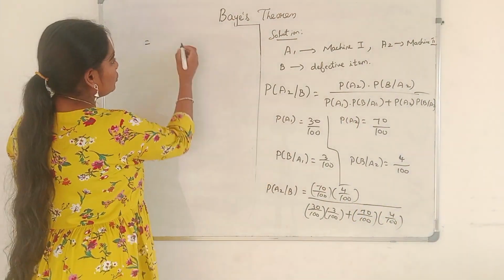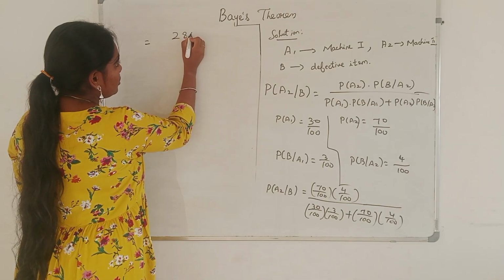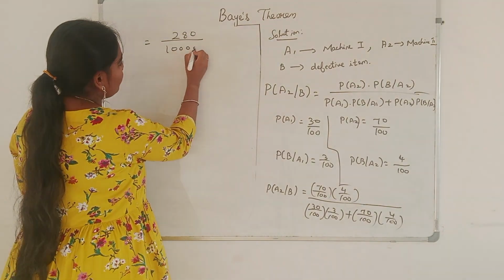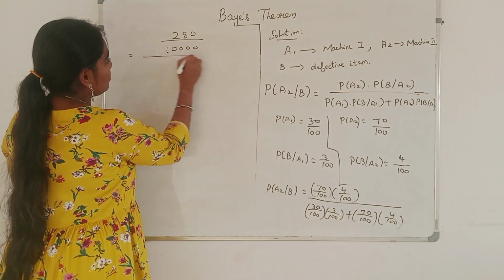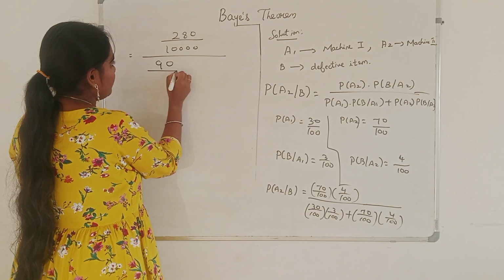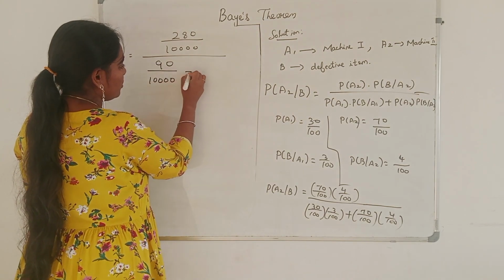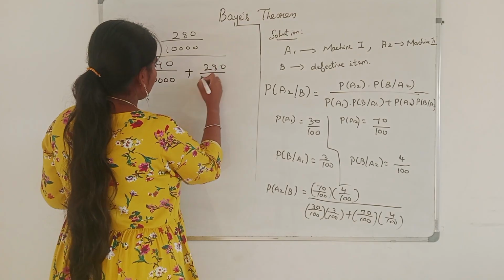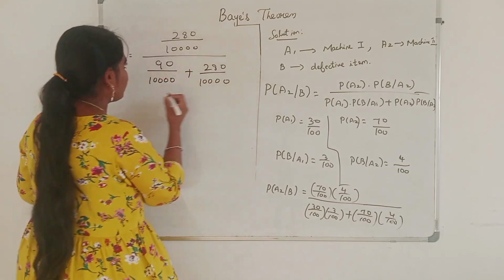70 into 4, 7 fours are 28, so 280. Here the denominator is 10,000. By here 30 into 3, 90, by 10,000, plus 70 into 4, 280, by 10,000.